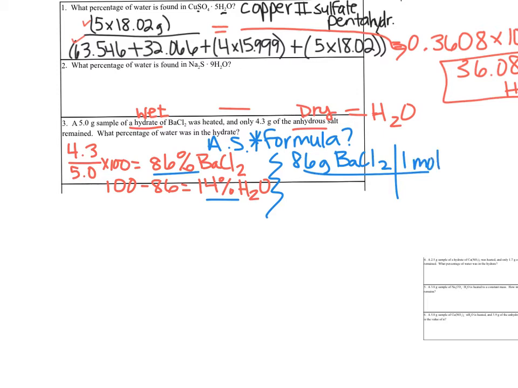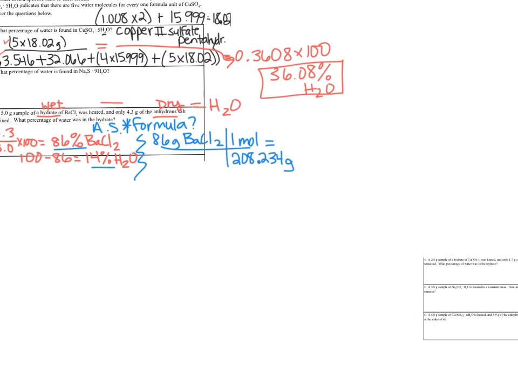So we're going to take 1 barium, 137.28 plus 2 chlorines, so 2 times 35.453, to get 208.234 grams. So now I have what we need to get the moles of barium chloride. Just shrink this off to the side.